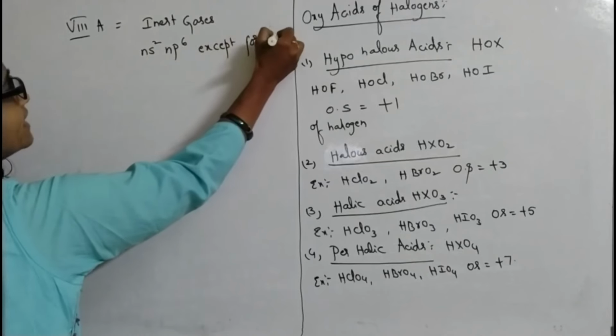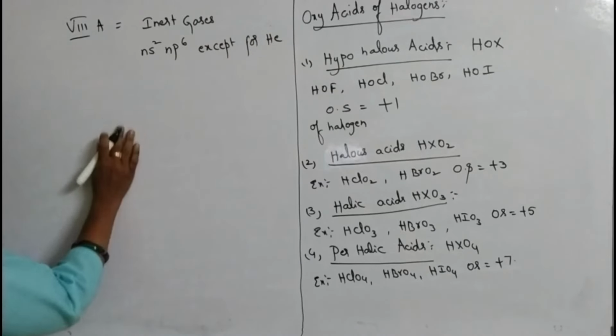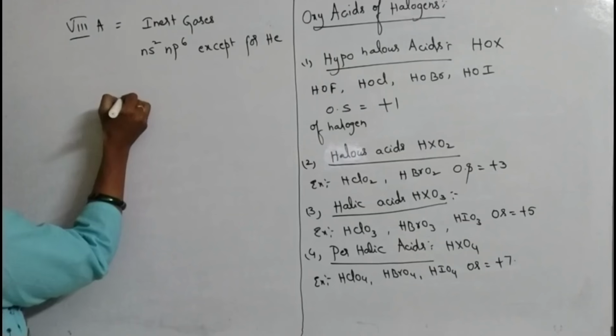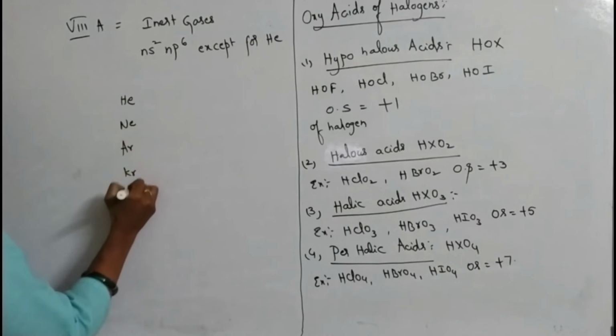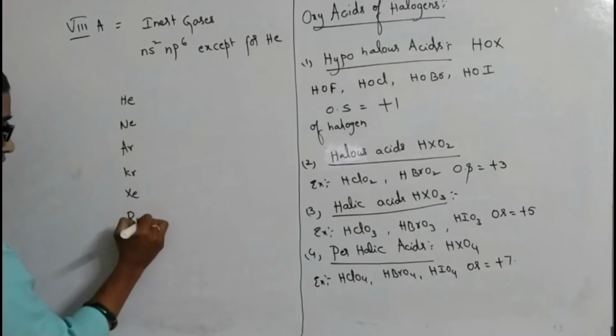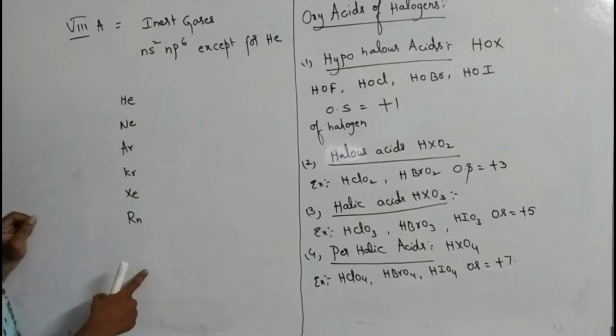The elements in this group are helium, neon, argon, krypton, xenon and radon. These elements are called inert gases.